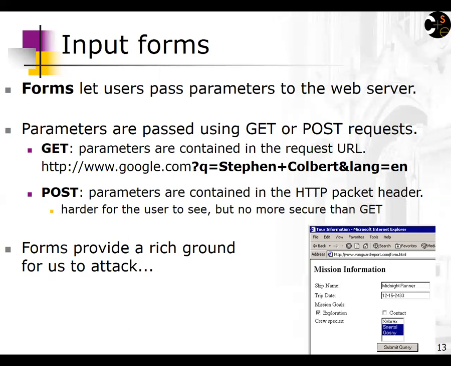All right. So, like I mentioned just now, you have your GET and you have your POST. GET puts all of the information in the URL, and we know the POST kind of hides it, but it's still a packet.